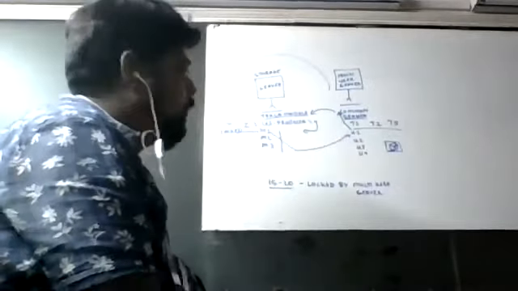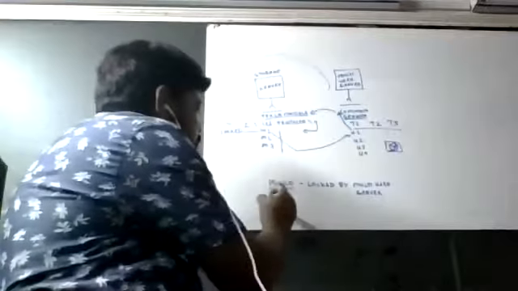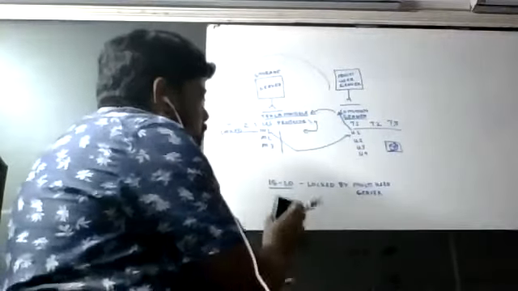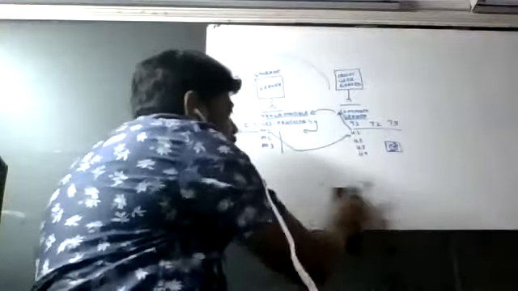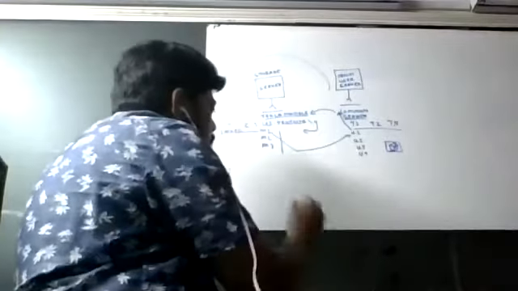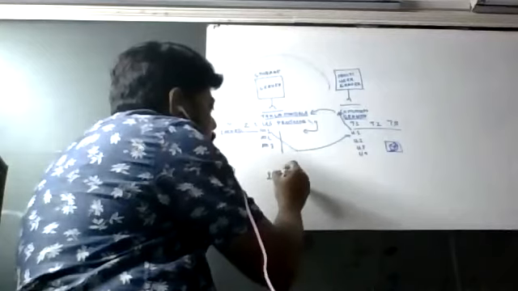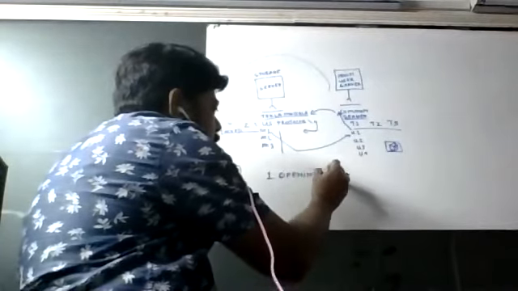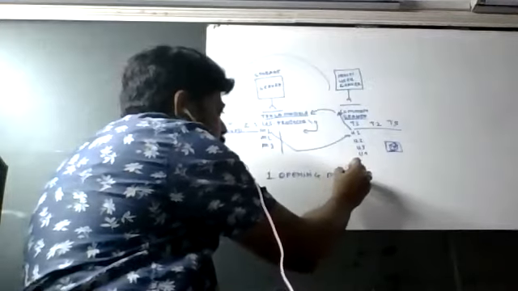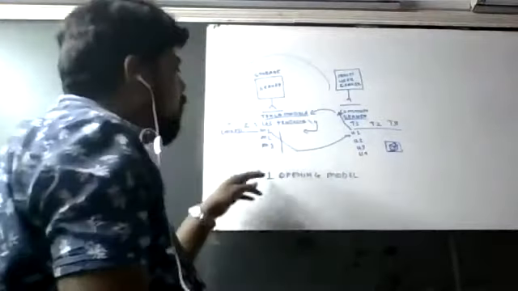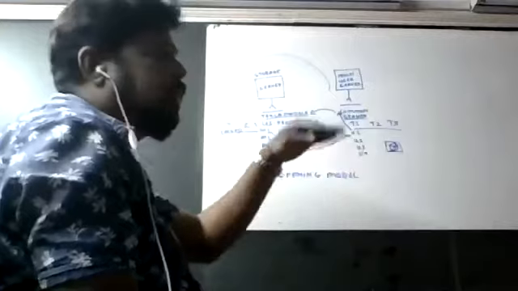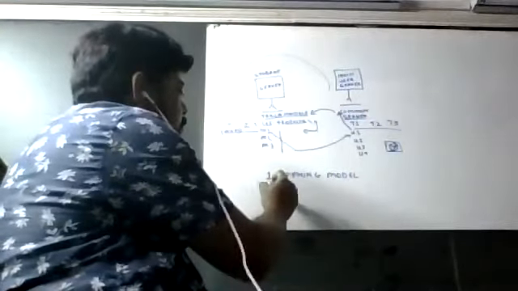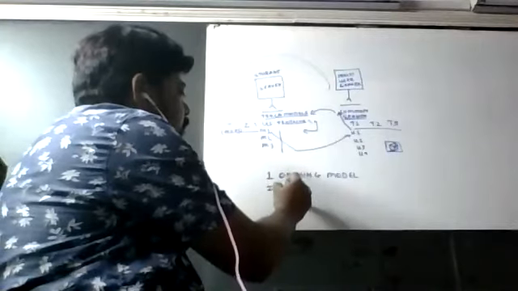So the first activity is opening the model, which you have to do one by one. Second is saving.